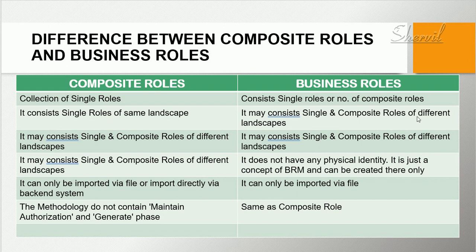When I say different landscapes, it means roles from an ECC system or S4 HANA system or BI systems, etc. All the roles from all these landscapes can be put in one single business role in Access Control, in BRM.